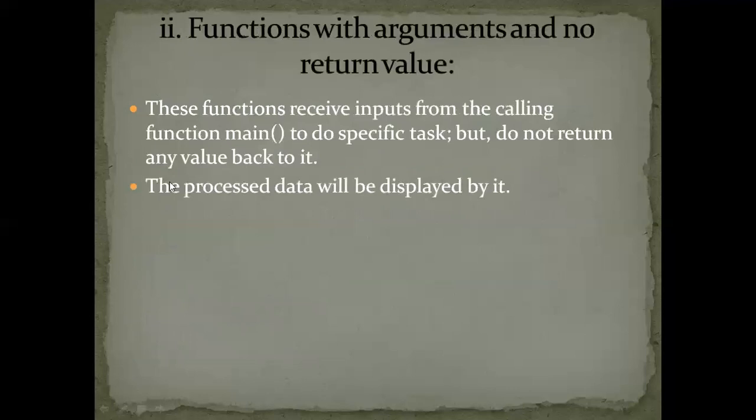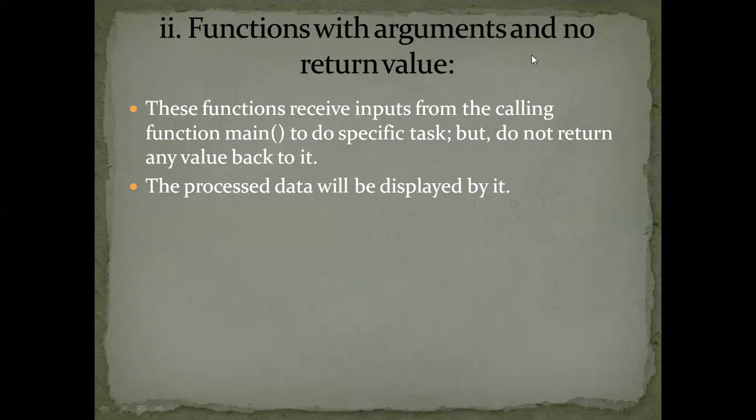Move on to the second category, that is functions with arguments and no return value. Here the name itself will tell functions with arguments. It means that the programmer can pass the parameter or arguments, but it doesn't return any value.